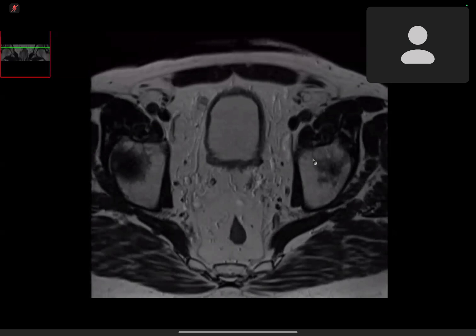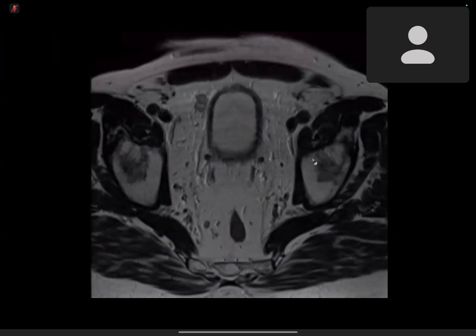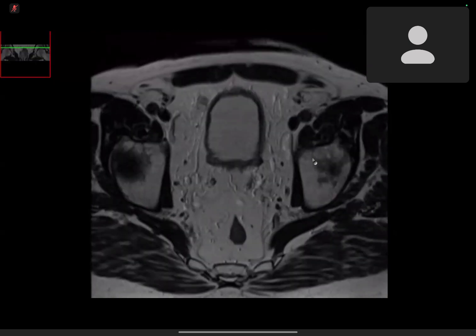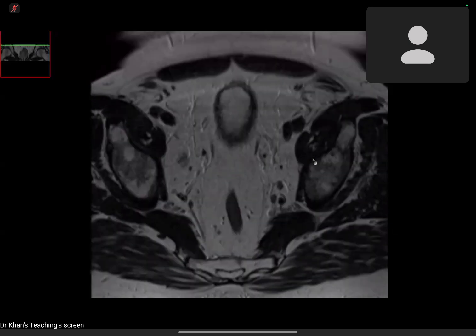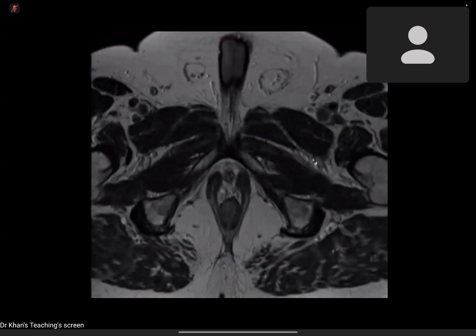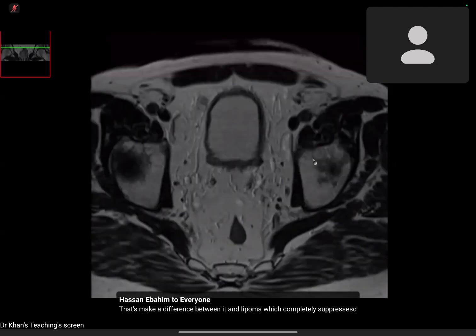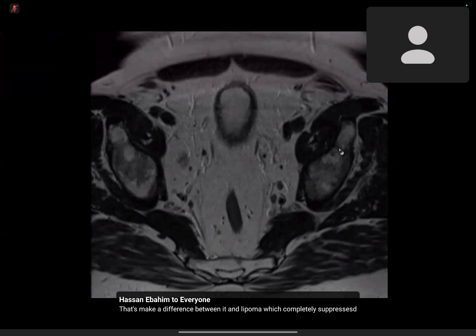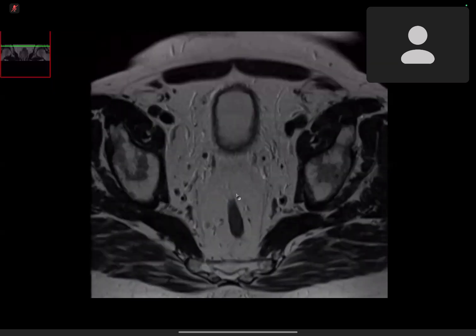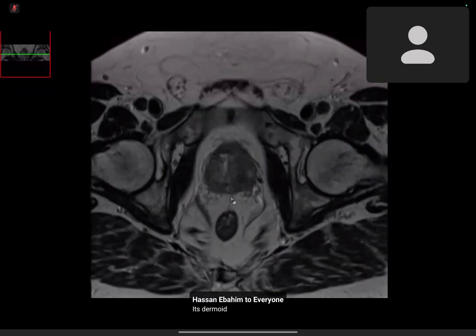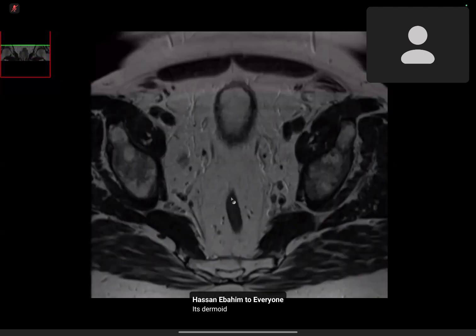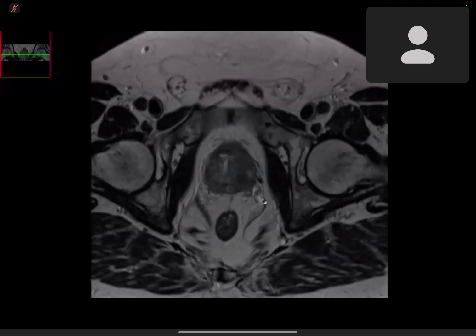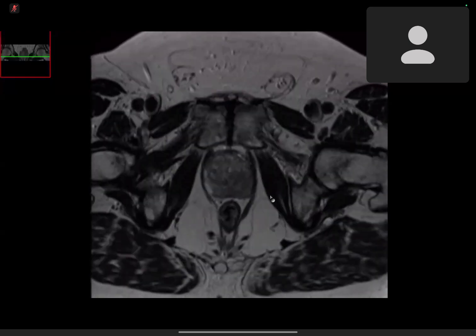Coming to the bones, the bilateral proximal femur appears normal. The bilateral iliac bone shows some fatty marrow signal. I think that's normal. Apart from that, I'll check for any suspicious lymph nodes.